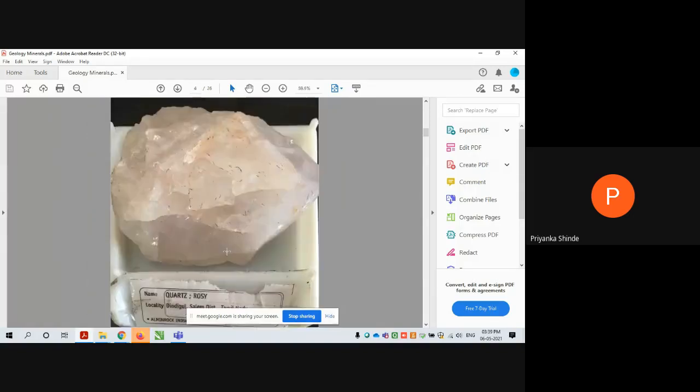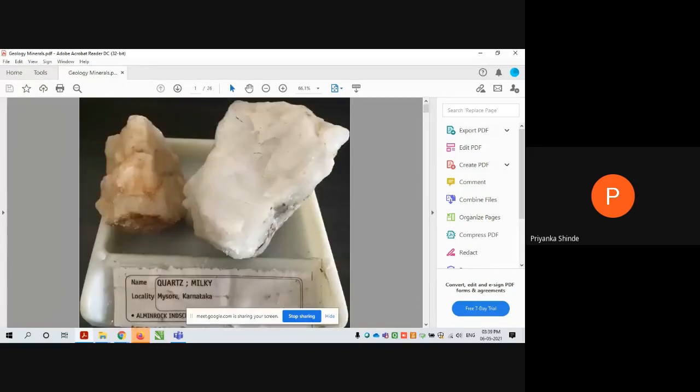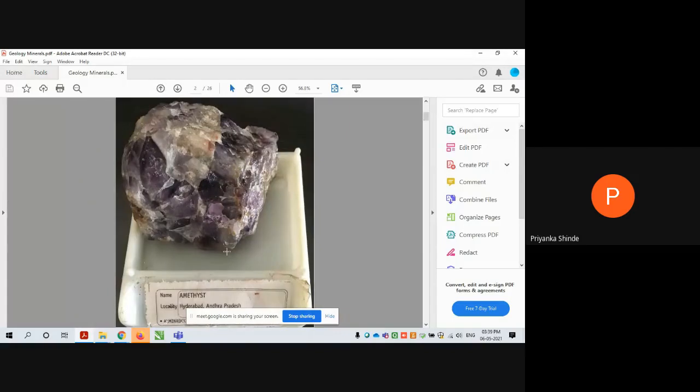If you see all these quartz, they have a definite crystalline shape, but these crystals are not clearly seen with the naked eye. Then it is called cryptocrystalline. On this amethyst, you can see the crystals, but they are not perfectly developed.